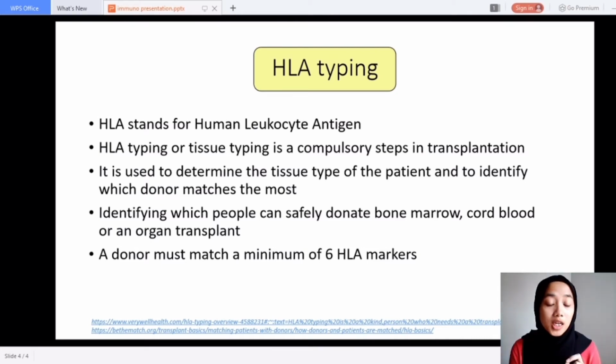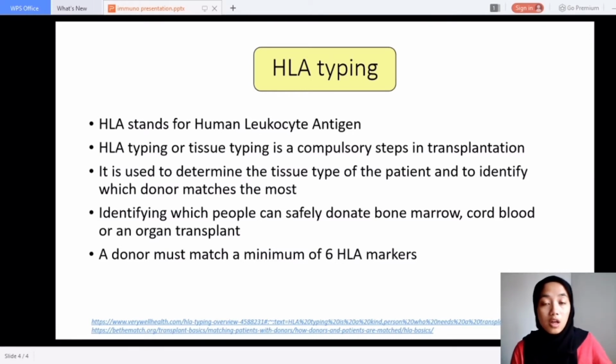HLA typing is not the same as blood typing. Blood typing is done to identify the blood group of the donor and patient, and it is done when a patient needs only blood from the donor, and they can receive different types of blood group.